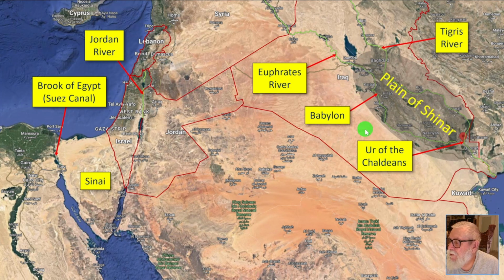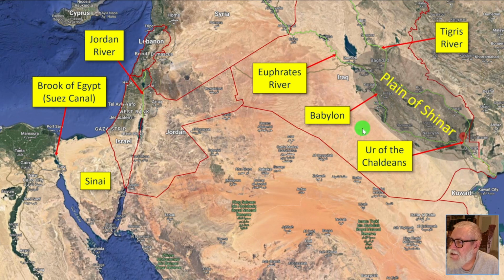In the Bible, the Plain of Shinar is famous as the place where Nimrod and his followers built the Tower of Babel, somewhere on the Plain of Shinar. Don't really know where. You can read about that in Genesis 10 and Genesis 11. The ancient city of Babylon was built on the Euphrates River just south of the modern city of Karbala.